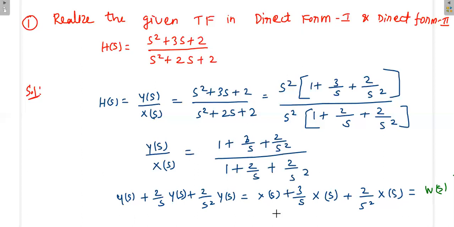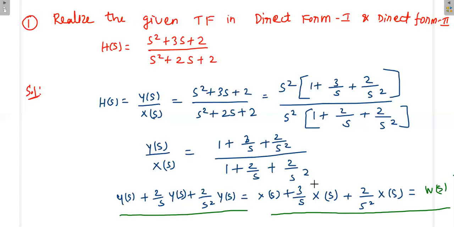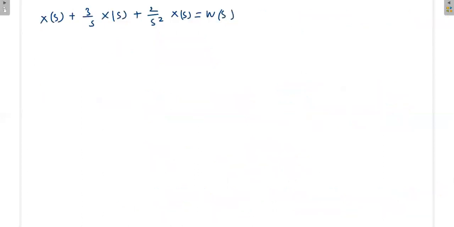Then we get X(s) + (3/s) X(s) + (2/s²) X(s) is equal to W(s). Again in the same manner, Y(s) + (2/s) Y(s) + (2/s²) Y(s) is equal to W(s).